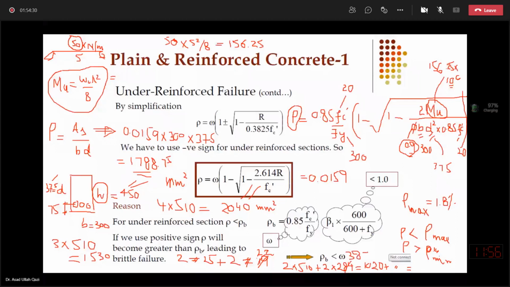So 2 into 510 plus 2 into 387, how much? 1794.